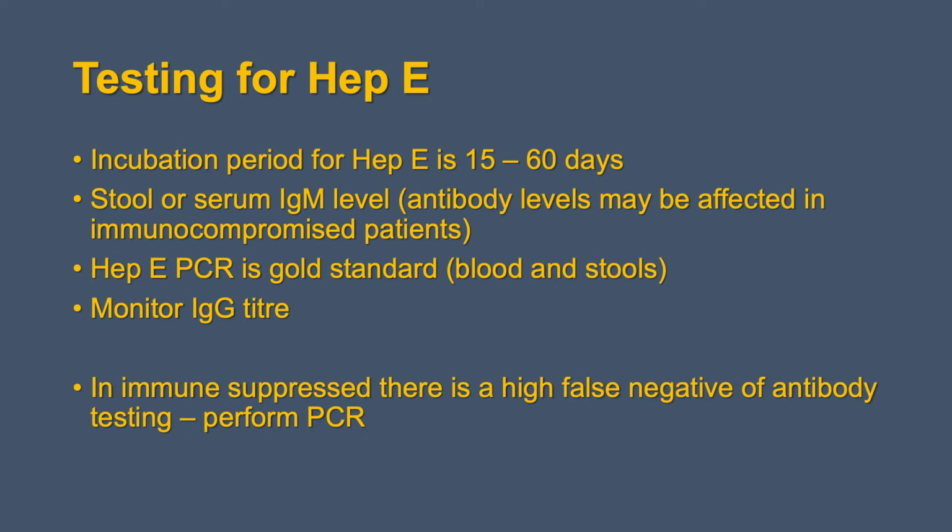And it's important that if your lab offers stool testing for hepatitis E RNA that you use that service. So there's good evidence now that there can be prolonged viral shedding in stool after the virus has been cleared from plasma. And if the hepatitis E RNA is still positive in stool at the end of treatment, which I'm sure we'll come on to talk about, that is a predictor of relapse.